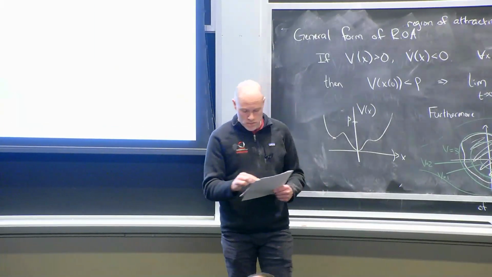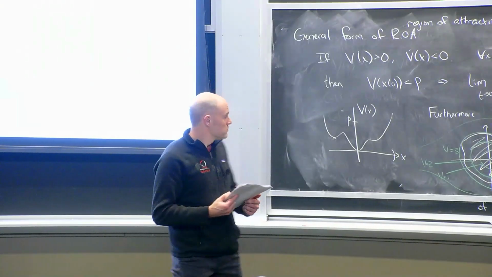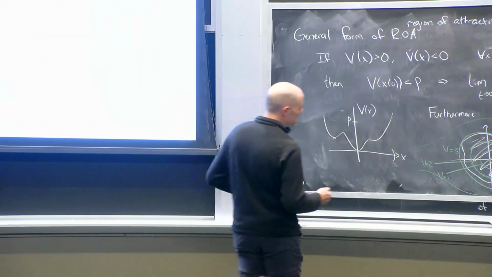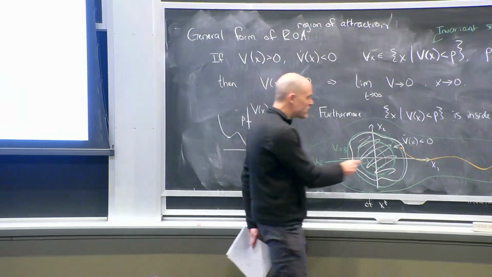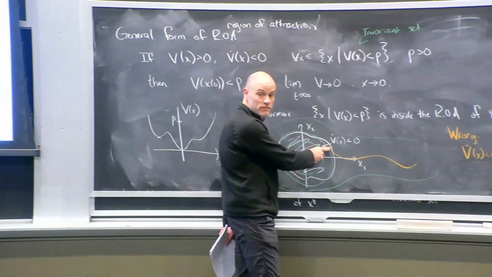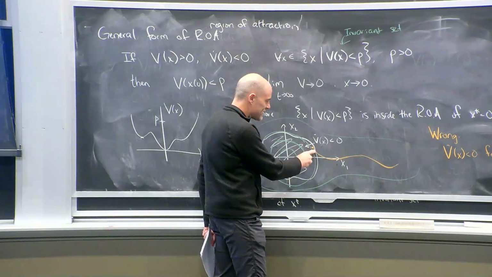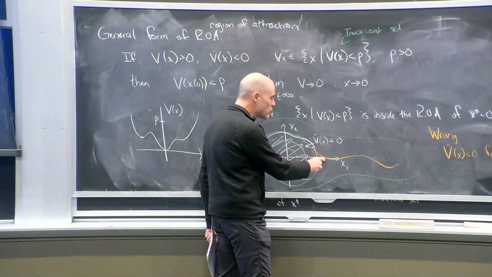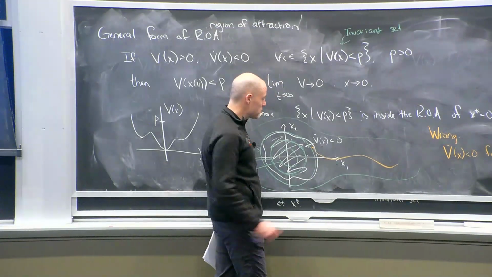Yes. So I know that v dot of x is less than 0 here. But I could have v dot going down, but then I could go to a place where v dot goes up. Right?